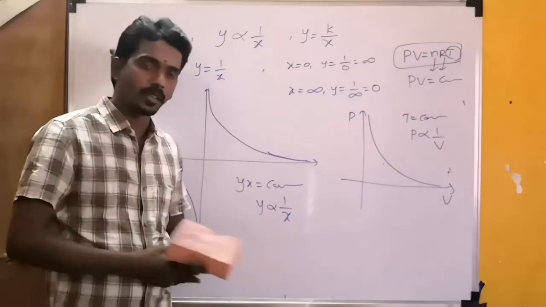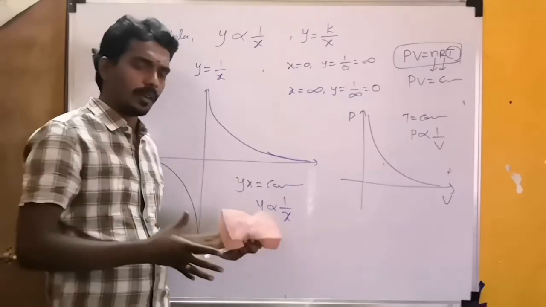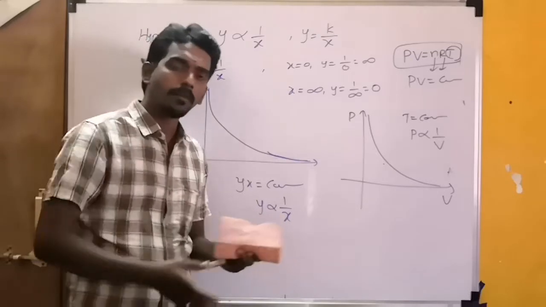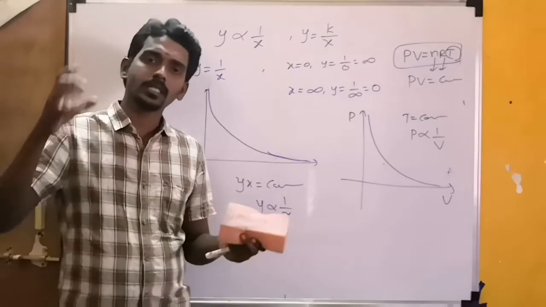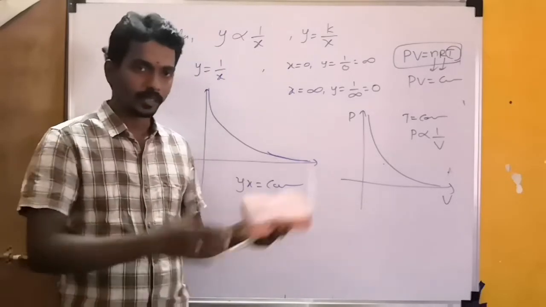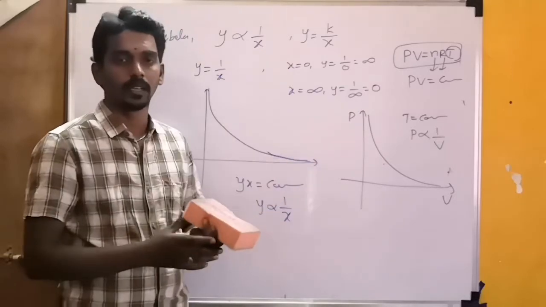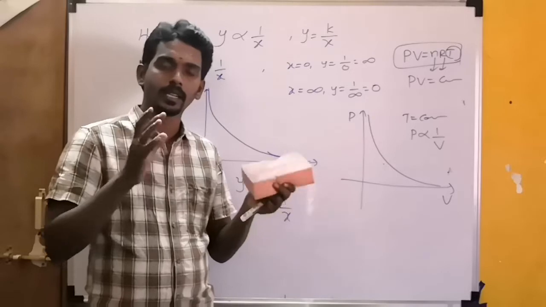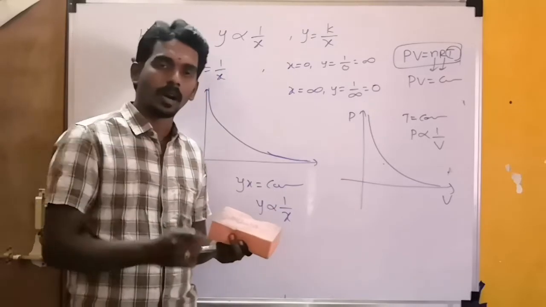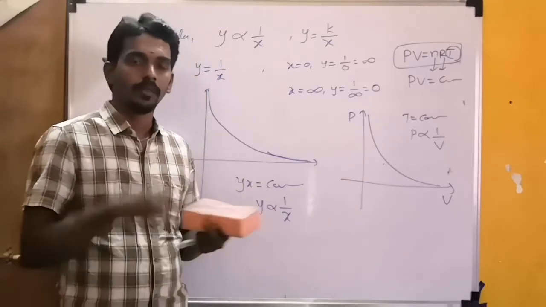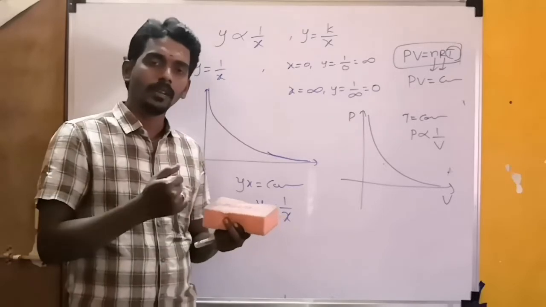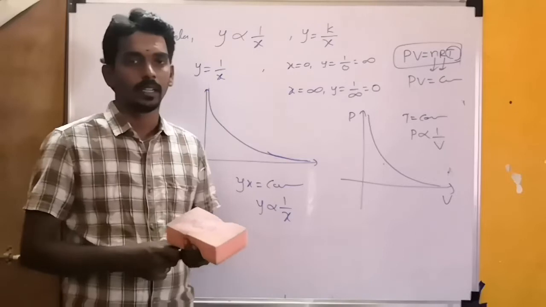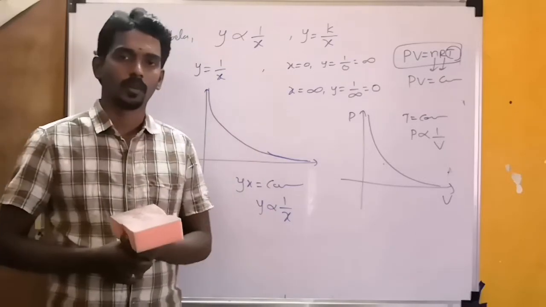A few other graphs also will come, but all the graphs, whether it is a straight line or parabola or hyperbola, we will discuss everything in detail in a particular chapter when it comes. But you must know the basic generalized idea, the general form of all the graphs: when we get a straight line, when we get a parabola, what type of parabola we get, and when we get a hyperbola.